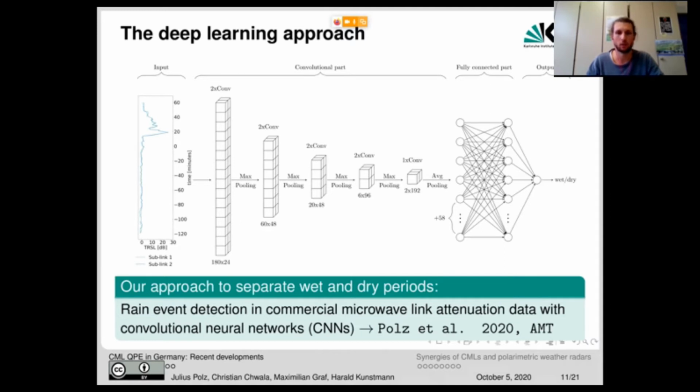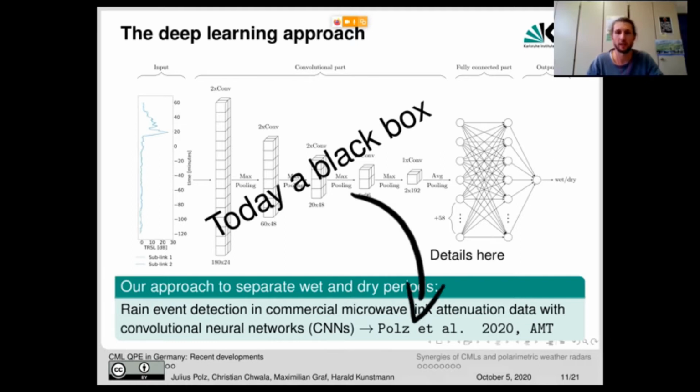And this is going to be treated as a black box today. So I'm not going into much detail, but you can find all the details in this publication that is published at AMT.